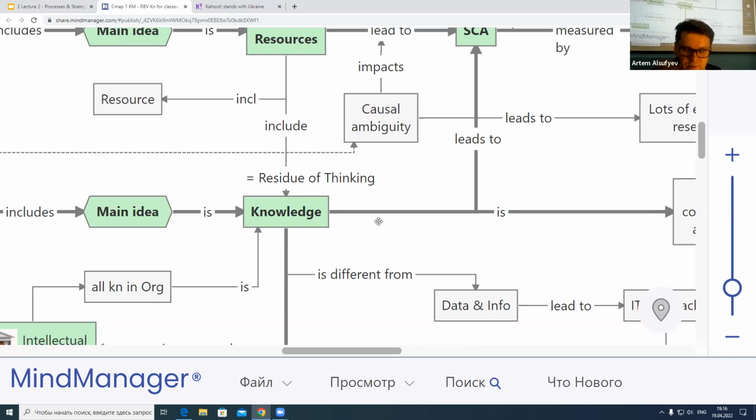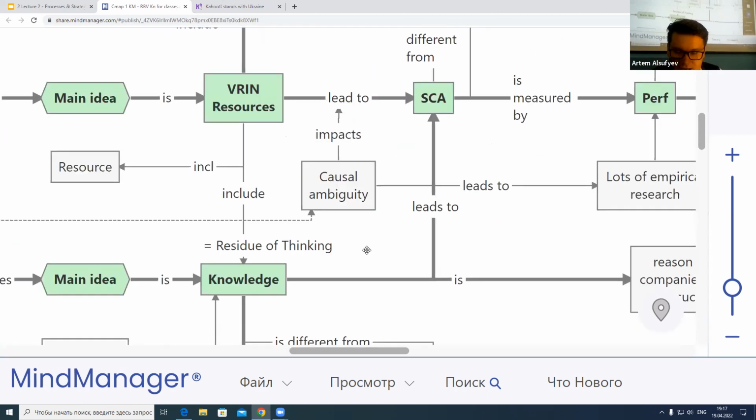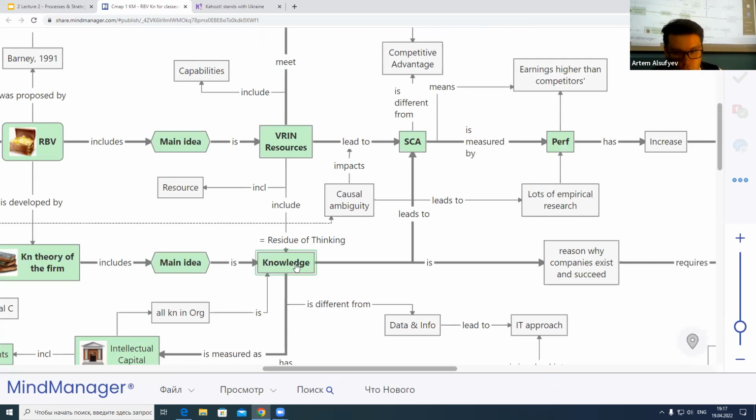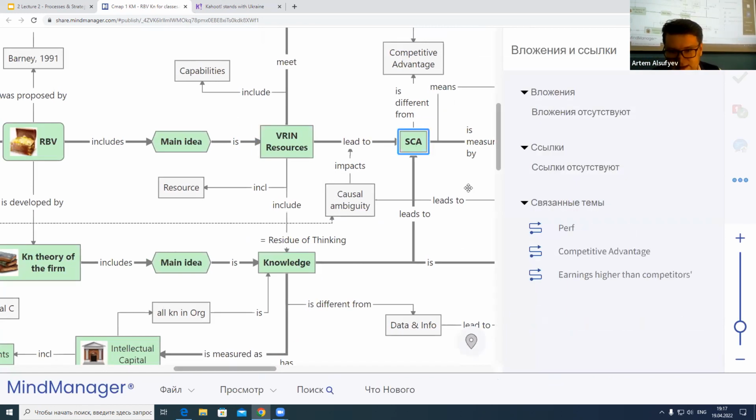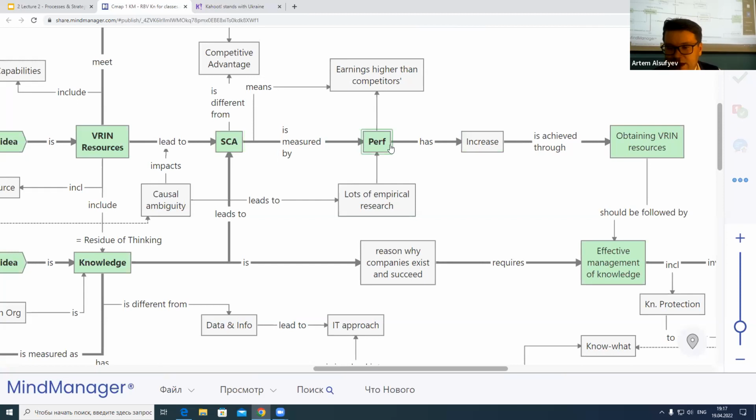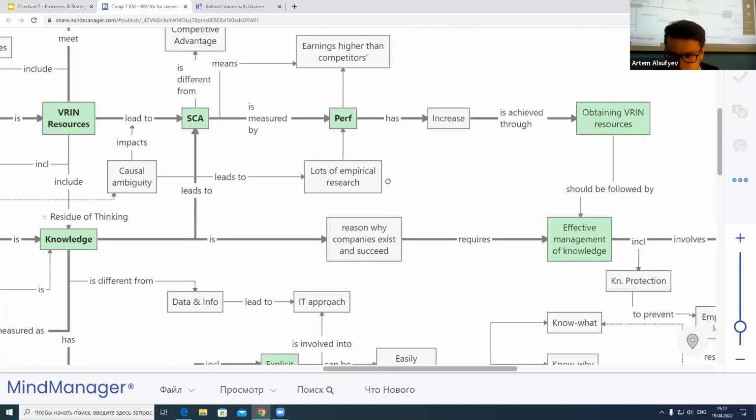That's why when we're talking about data, numerical information, for instance, information in an airline company, that was not external knowledge, if we're talking about weather information, weather data, speed of wind, and so on. This is just data. Knowledge is what we could think of and then apply to our use. Okay, knowledge results as a VRIN resource to sustain competitive advantage, and this is measured as performance.